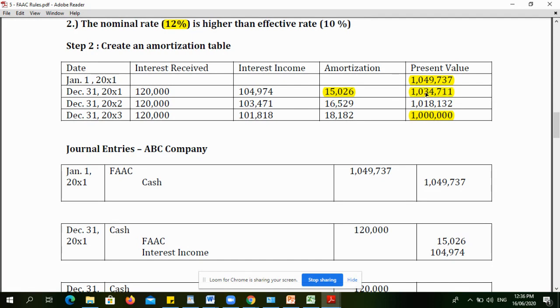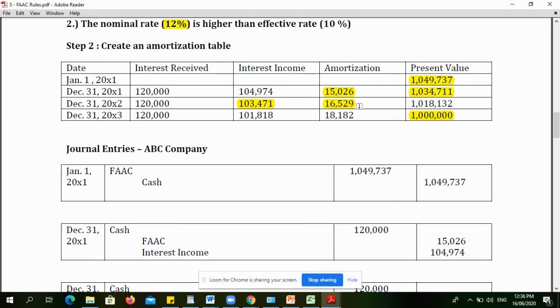So ang gagawin natin for the next is, we will again multiply the 1,034,711 by 10% to arrive here. And the next is, we will find the difference between interest received and interest income, which is 16,529.